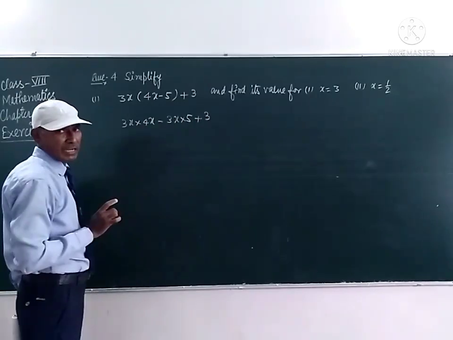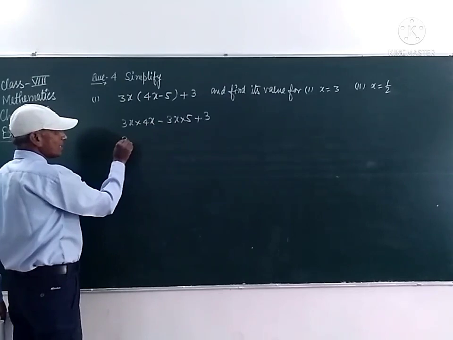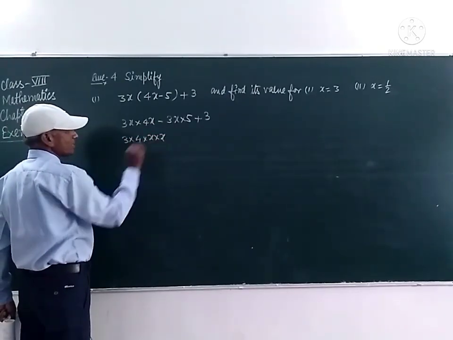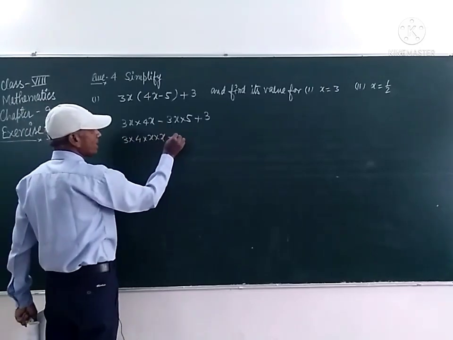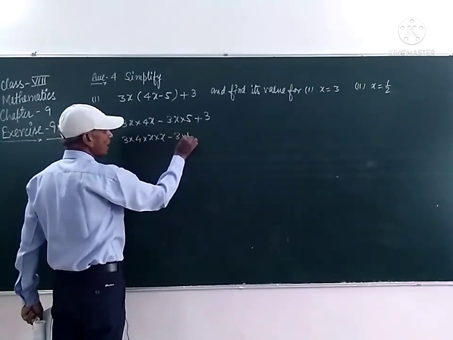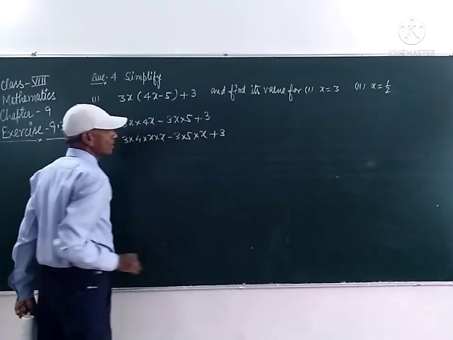So we have to write this like this. This one 3. Now 3x into 4x, 3 into 4 into x, student, minus 3 into 5 into x plus 3.